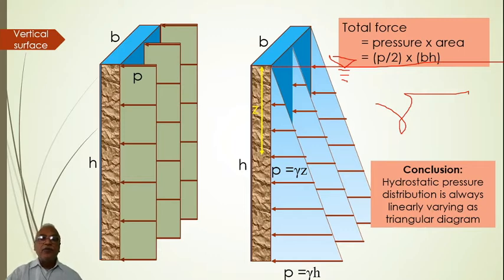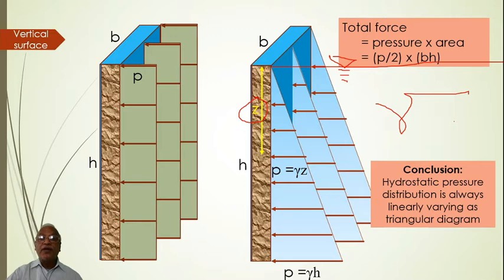Then if you move through a depth of z, the pressure intensity at this point will be P equal to gamma z. And then if you move the whole height h, the bottom pressure will be P equal to gamma into h. You know that at any depth h, the pressure will be P equal to gamma h.